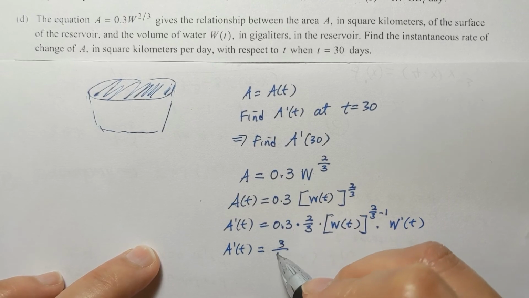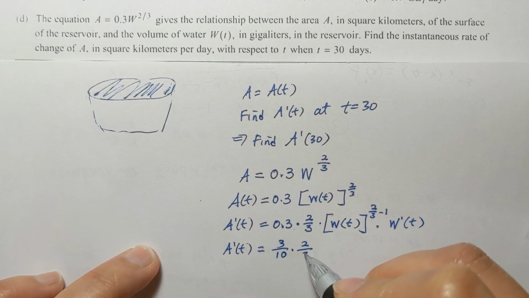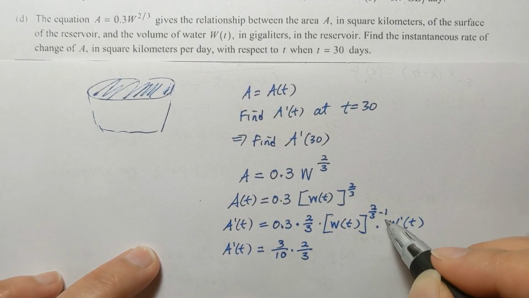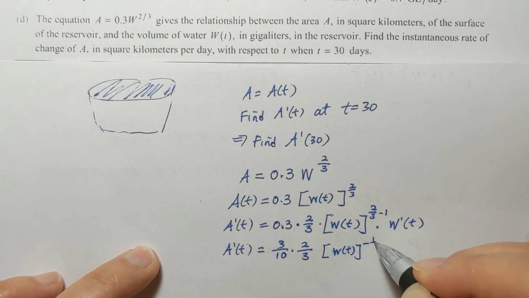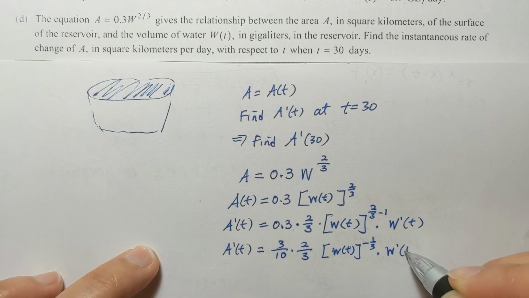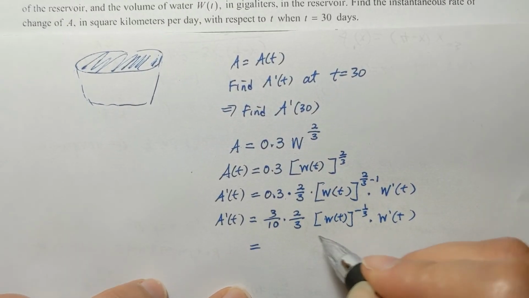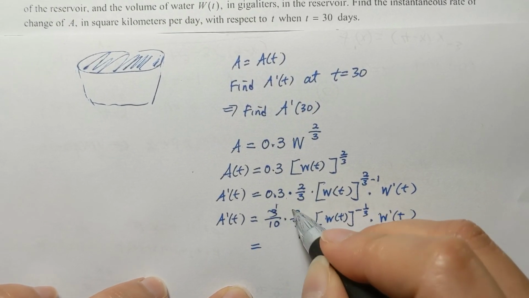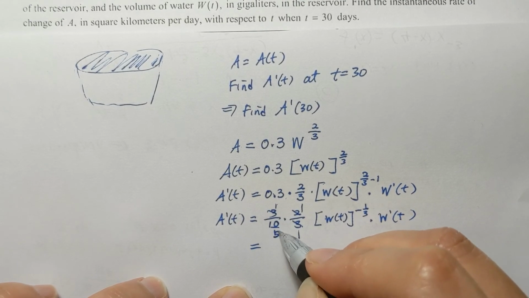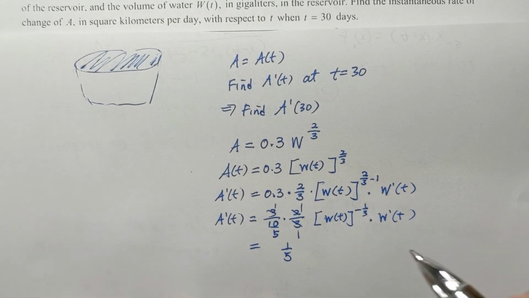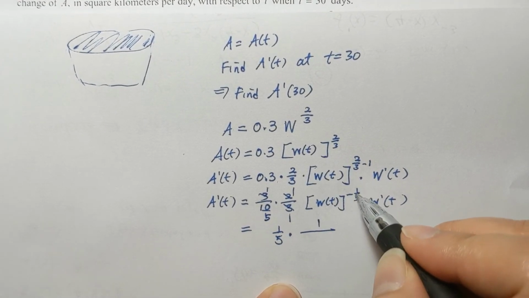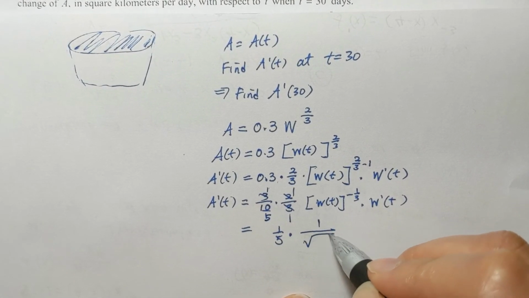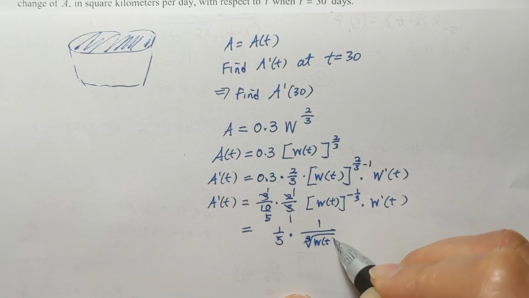I'm going to convert this into a fraction, and this will be negative 1/3. We can simplify here, and you're going to have 1 over the cube root of W of t.